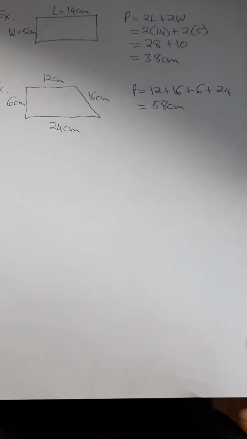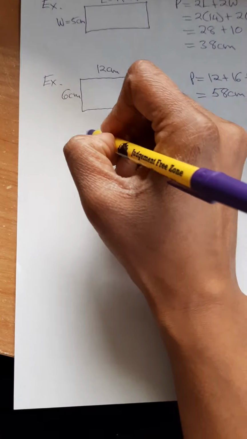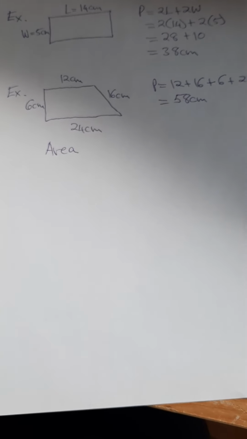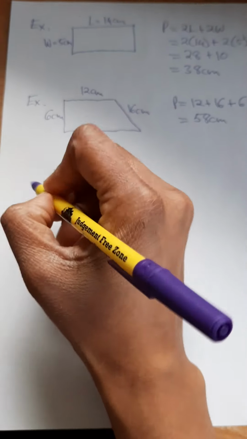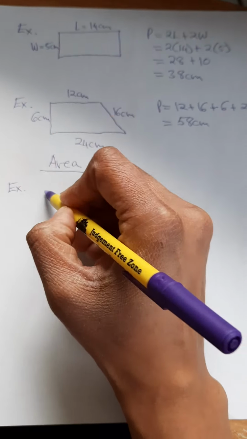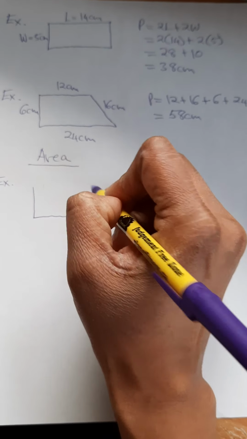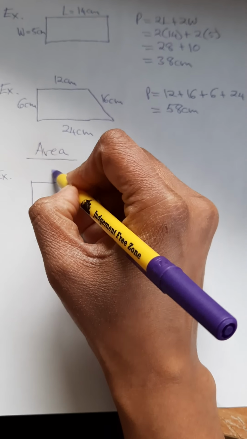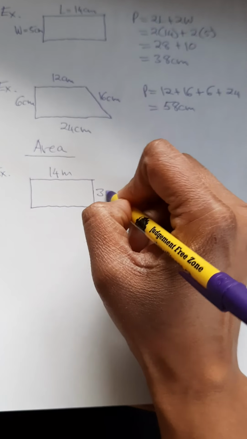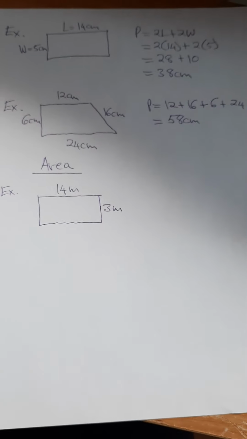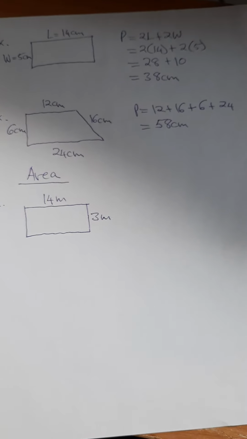With that, let's take a look at the area, okay, let's try the area of a rectangle, okay? Let's do the rectangle because the area is pretty simple here, okay? So let's do 14 meters, okay, and 3 meters. So I'm given the length and the width here, okay?